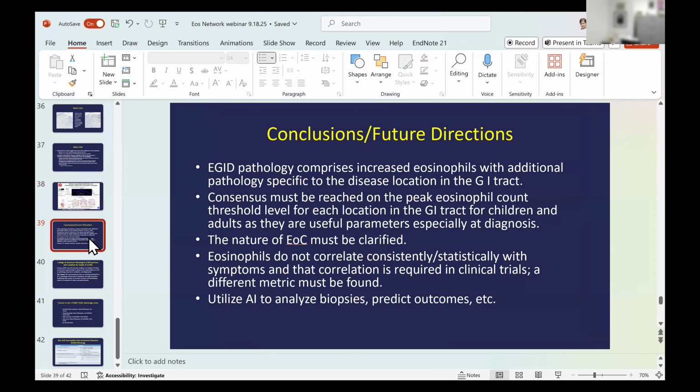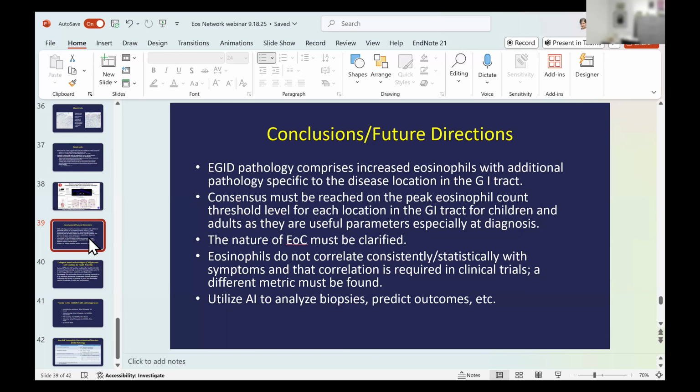So what's the challenge in EGID pathology? Eosinophils are important to the diagnosis of the EGID in various GI tract locations. We have to come to consensus about what the peak eosinophil count threshold level should be for children and adults. Should they be the same number or not, and so on.